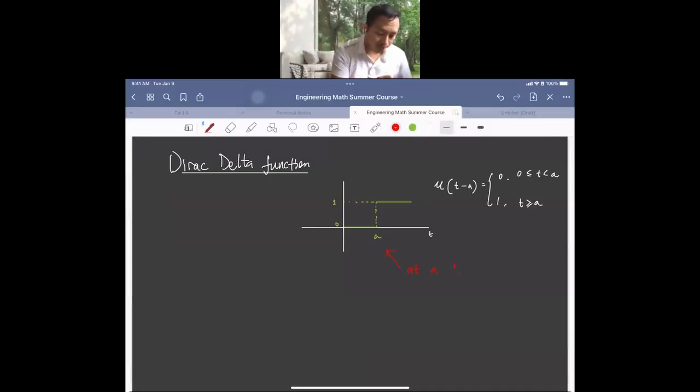So at a, let me write it with quotes just to give you some idea that an explosion happened, the magnitude happened in a very short time because it only happens at just one point.